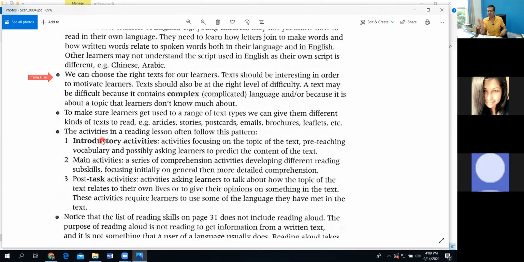So you have to see what you are teaching, the difficulty level of the text and of the lesson, and make sure it matches the standard of the level of the language or understanding of the student. So it should match. It should not be so high for them that, whatever you teach, you teach for the sake of teaching.